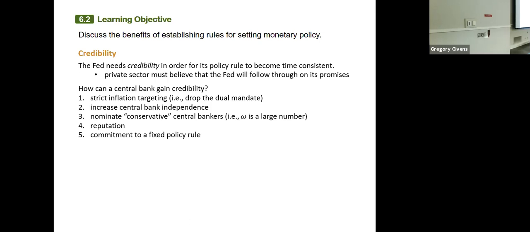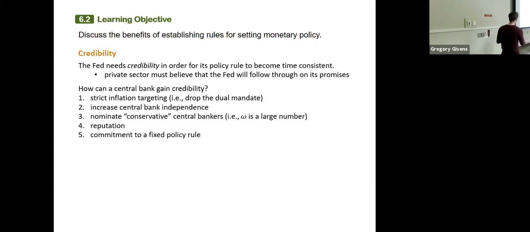There are some central banks around the world that adopt a fixed exchange rate regime. In that case, the policymakers have basically tied their hands to implement monetary policy in a particular institutionalized way, regardless of what happens in their economy. All right, so if there is a legal commitment to some type of fixed policy rule, like inflation targeting, then that's one way for the central bank to gain credibility.